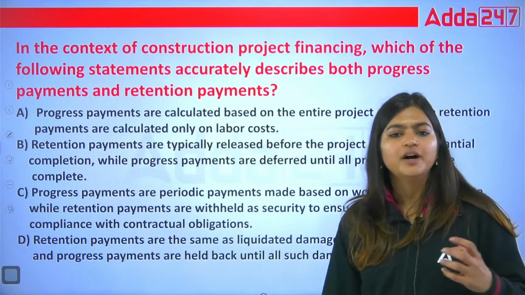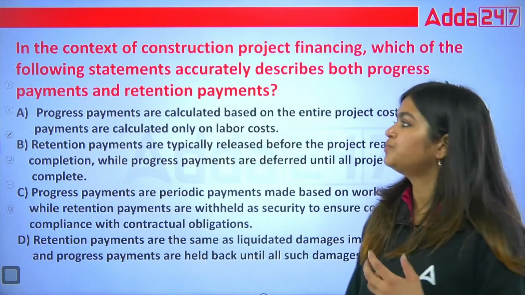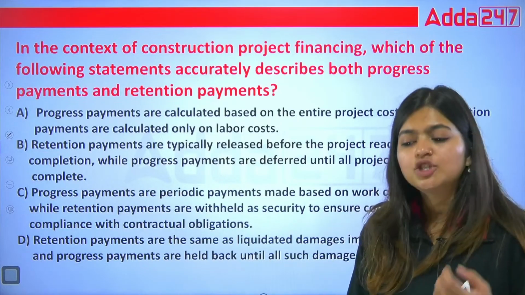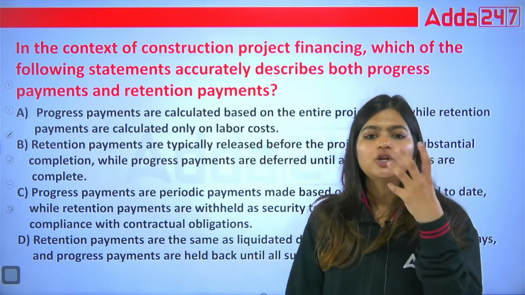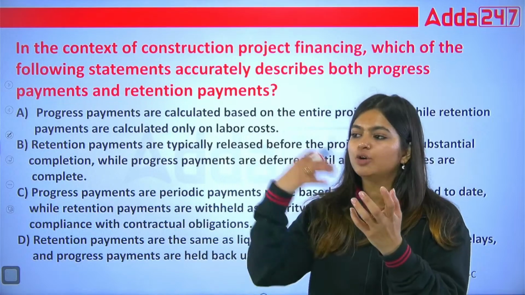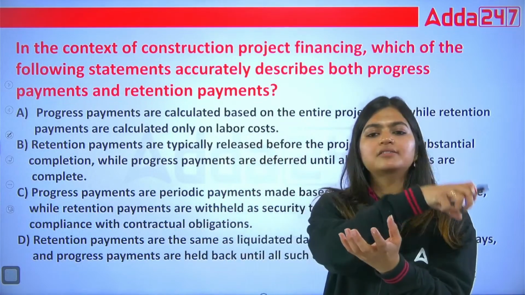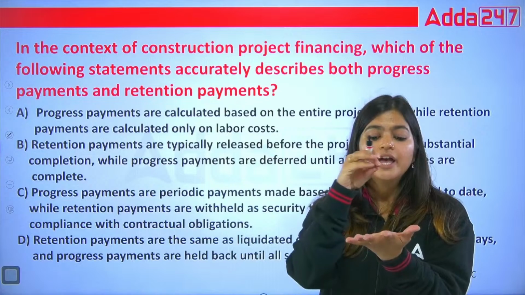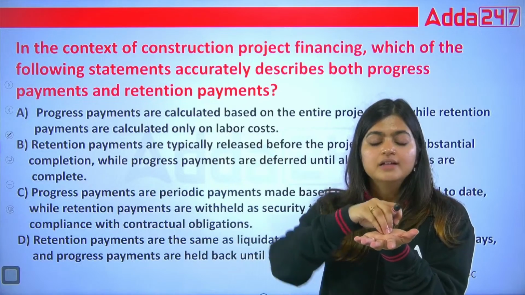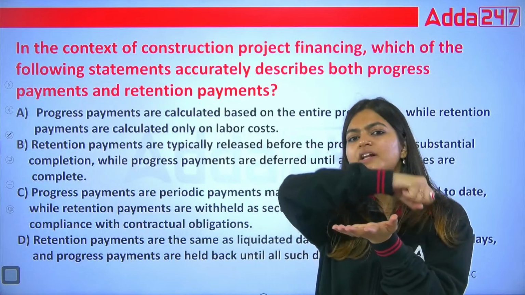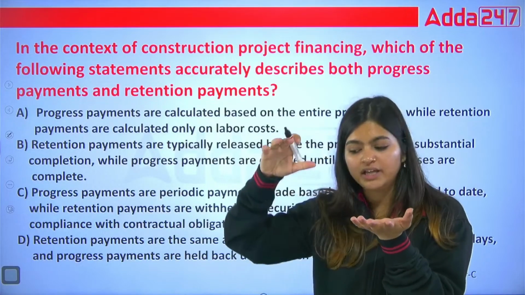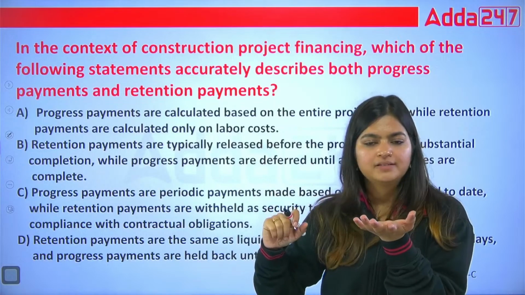So in this, firstly we need to understand what these progress payments are. Progress payments are a type of payment in which the contract between your contractor and your customer decides the number of installments in which the customer will be paying the amount to the contractor. Okay?